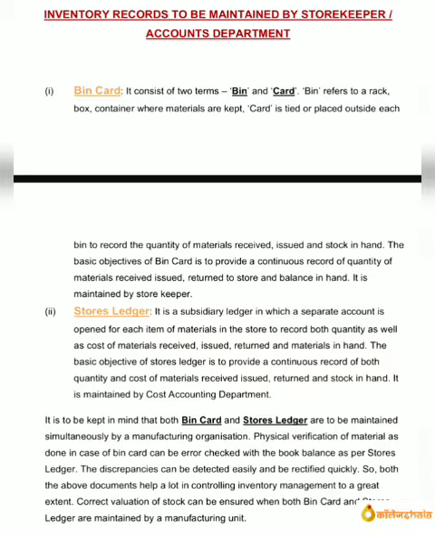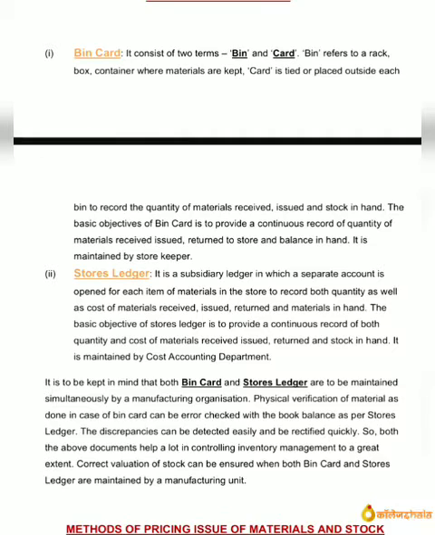Now, there may be a problem in the minds of someone: why are we to maintain the bin card and store's ledger simultaneously? So, this is an important concept. Now we have to analyze this part.